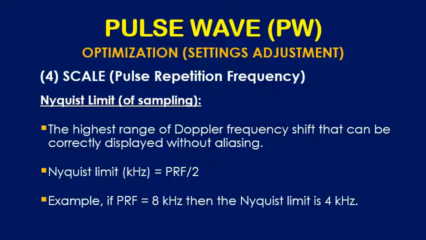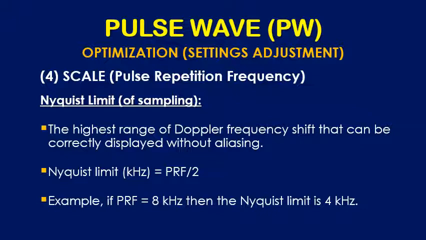Nyquist limit is half of the PRF. Okay? The higher Nyquist limit means that I can accept higher velocities without aliasing. If I have a lower PRF and a lower Nyquist limit, and in the opposite I have higher velocities, then aliasing will happen.